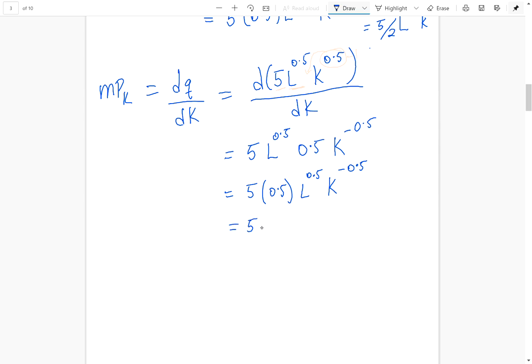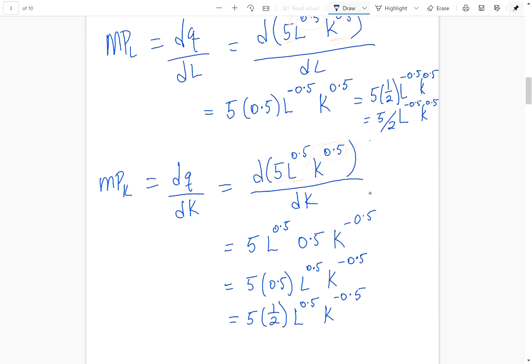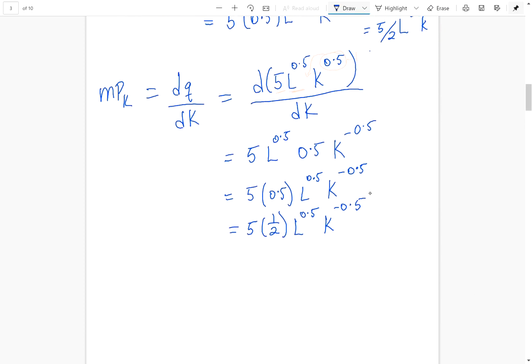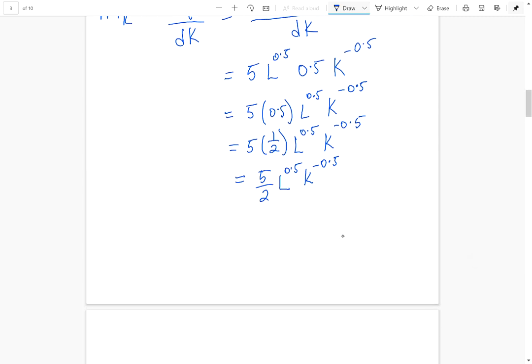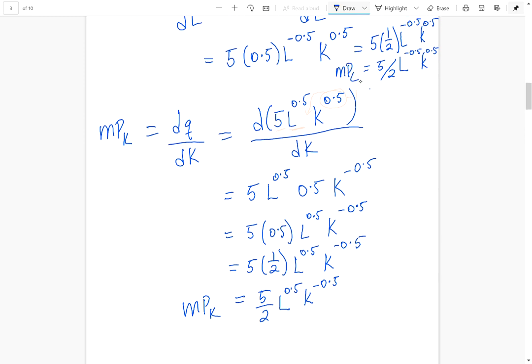So this is 5 times 1 over 2, L to the power of 0.5, K to the power of negative 0.5. The reason we're doing this is because we have to combine MPL and MPK, and I want to write them in terms that will be as friendly as possible for us. So this is equal to 5 over 2 times L to the power of 0.5, K to the power of negative 0.5. So if this is MPK and here is MPL, we can combine these two.